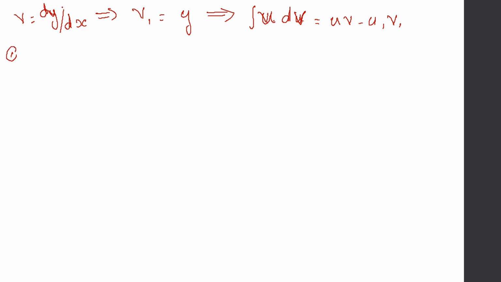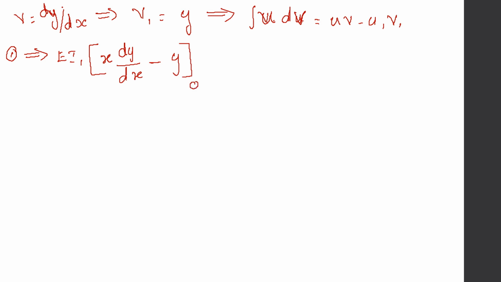Therefore, our equation number 1 becomes EI1 into UV, so x into dy by dx minus u1 v1. u1 is 1 and v1 is y, so it is minus y.